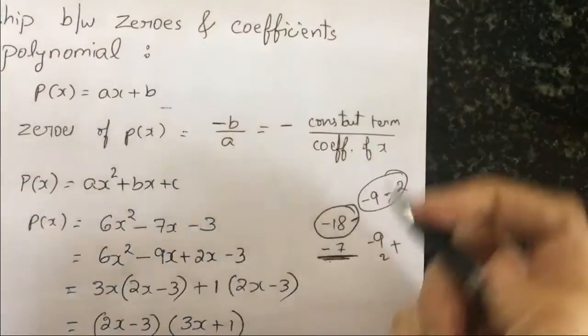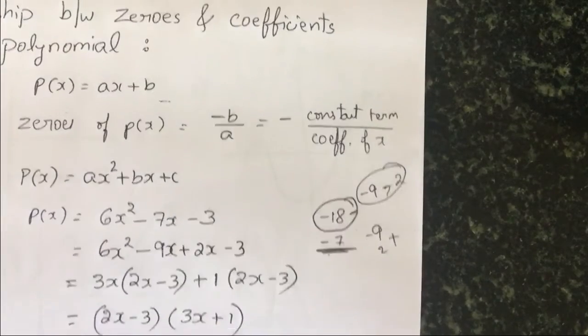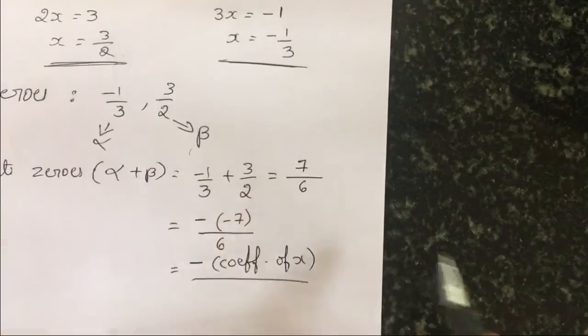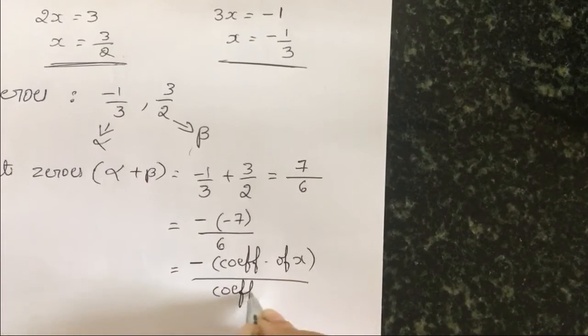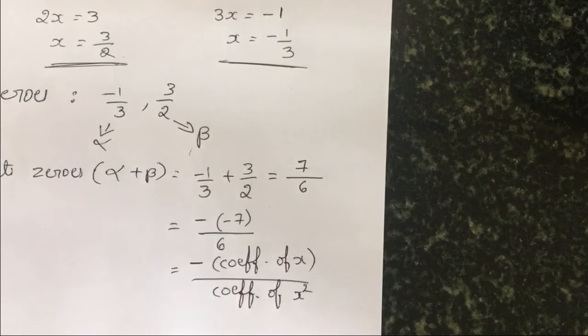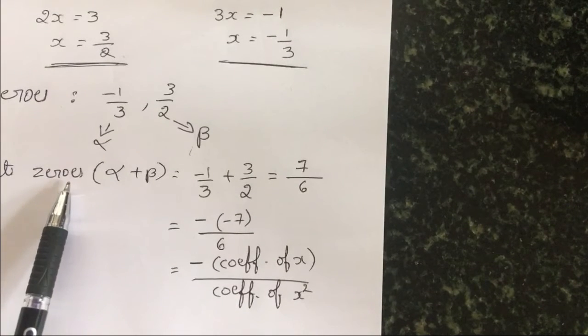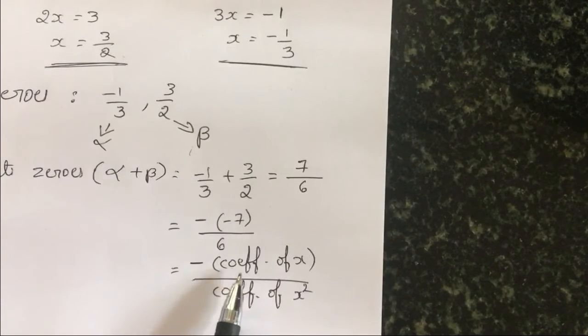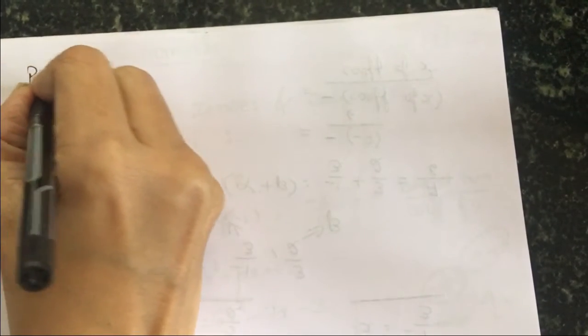And what is 6 in my polynomial? 6 is the coefficient of x square. So you can write the sum of its zeros is nothing but minus of coefficient of x divided by coefficient of x square. This is the first relation between the zeros and the coefficients. Now let me take the product of its zeros.